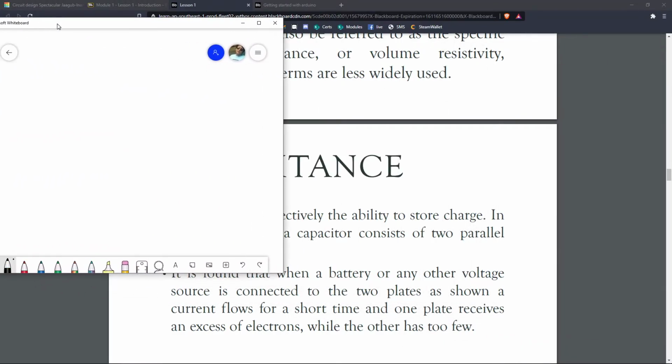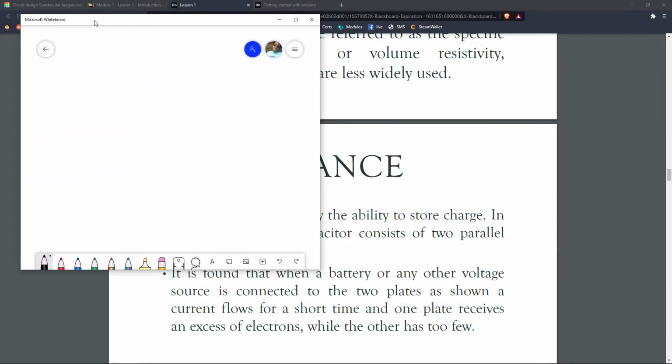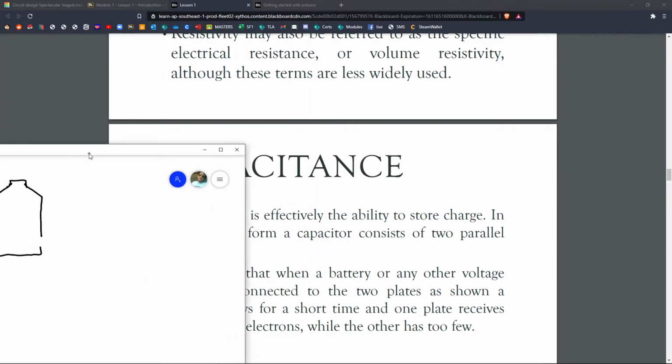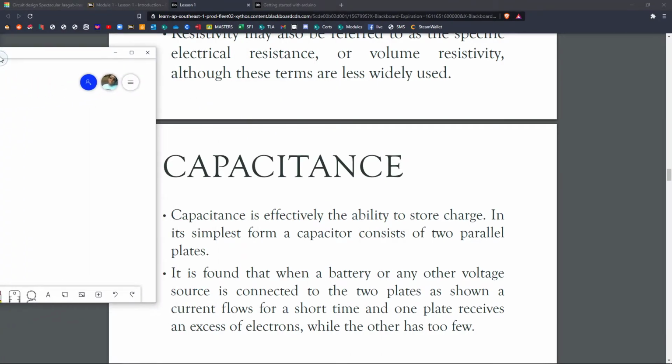So let's go back to our analogy regarding the water. We can imagine the battery as the water tank. And we can imagine the capacitor as a reservoir.